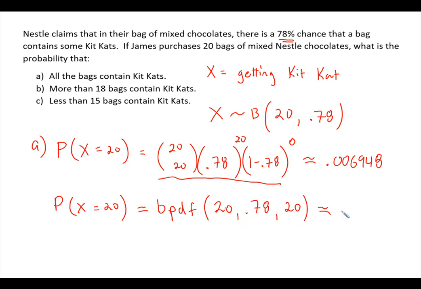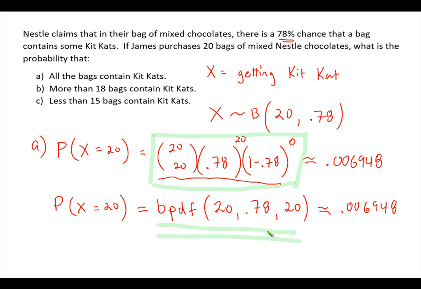Then we get 0.006948. For a question like this, you really don't need to write the expansion, but you should write what you're typing in the calculator to let the person know. I'm showing you this because on more challenging binomial distribution questions later, you will have to write this out in order to solve for the number of trials or something like that.